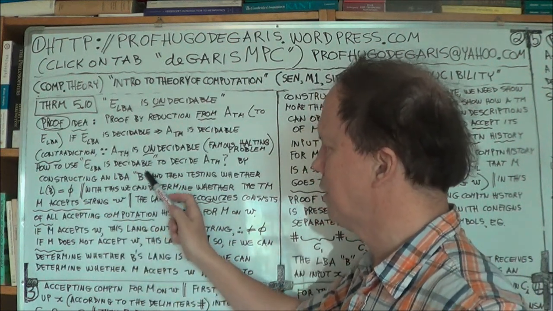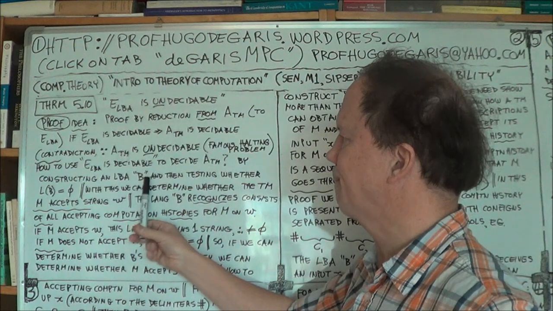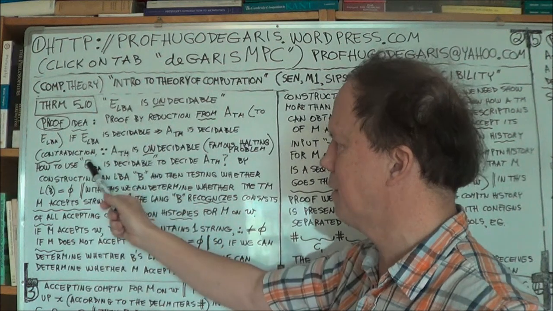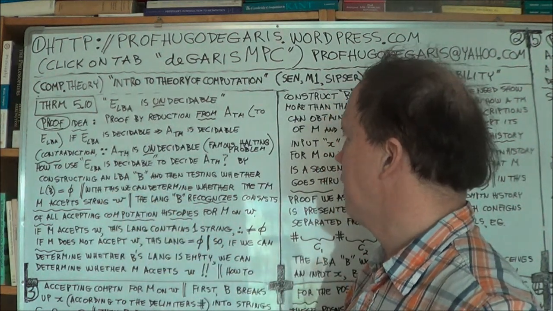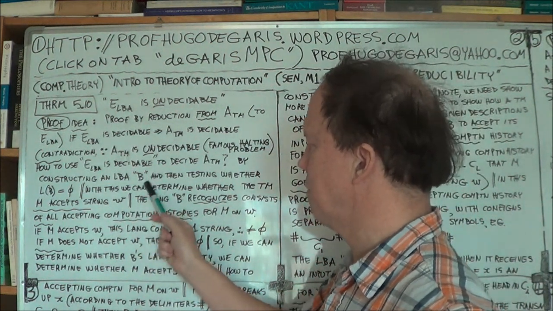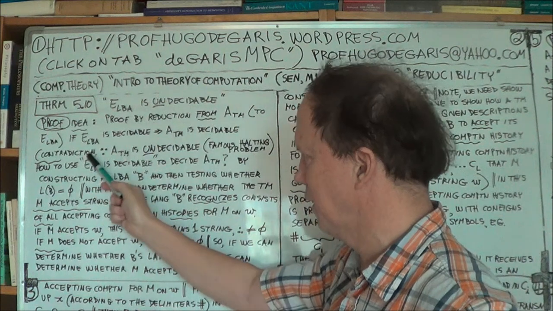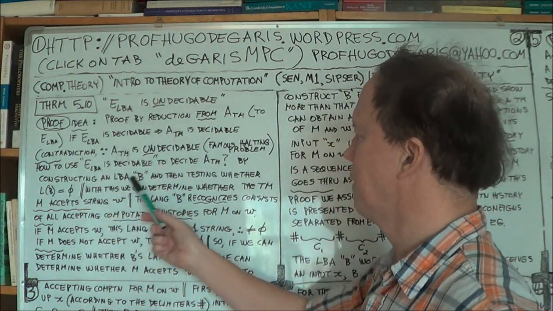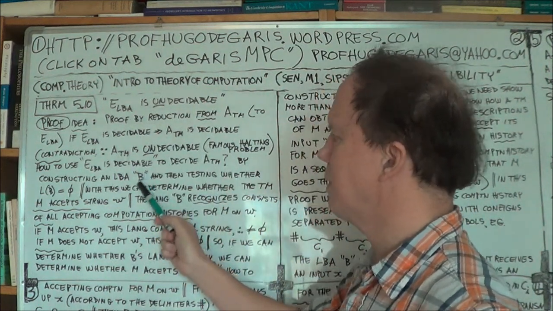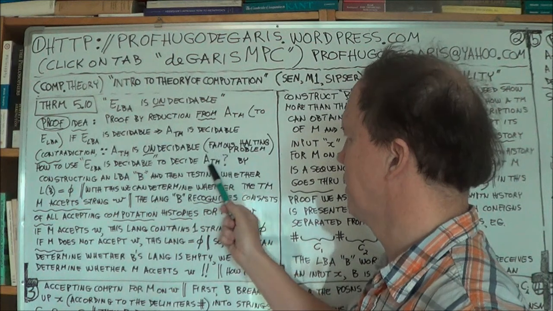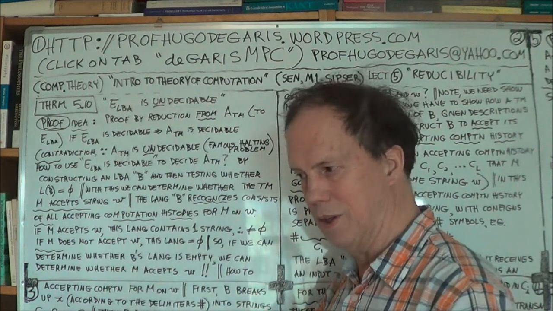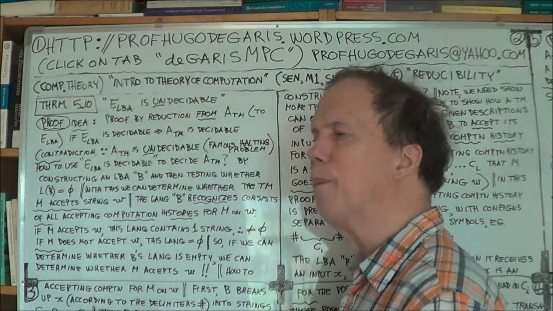We'll construct this particular LBA that decides this language, and using this Turing machine B, that will enable us to decide this language. We'll use this machine B as a component to decide this language. That's the next step in the chain of reasoning. I hope you're with me so far. If not, rewind.